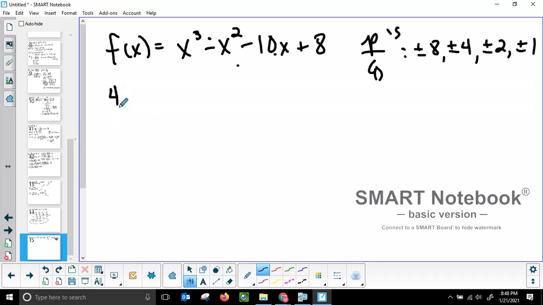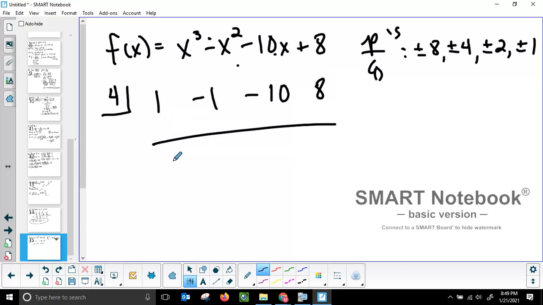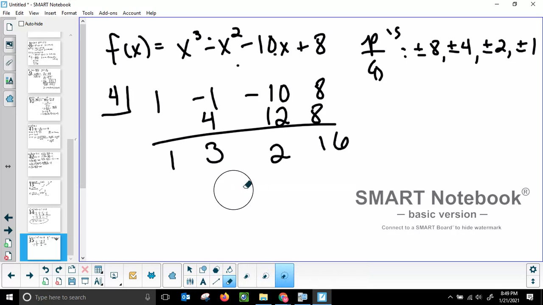So let's look at 4. How did I mess this up if it works? So 1, 4, 3, 12, 2, 8. Yeah, no, that doesn't work. Son of a biscuit. So maybe I didn't mess up.